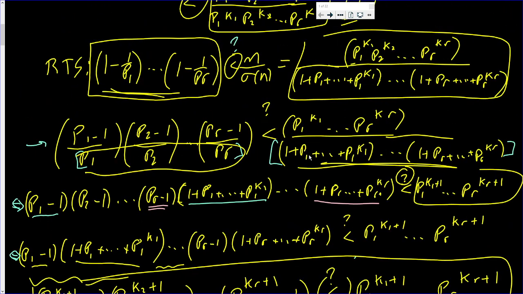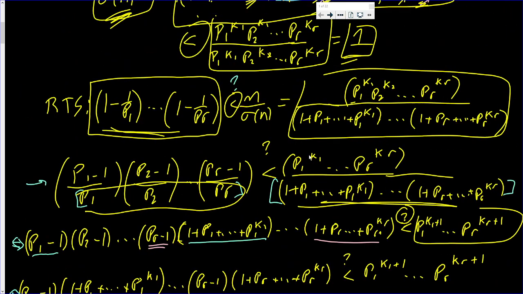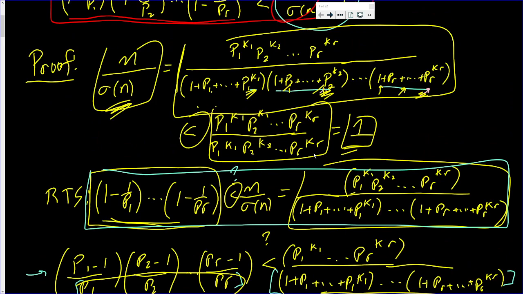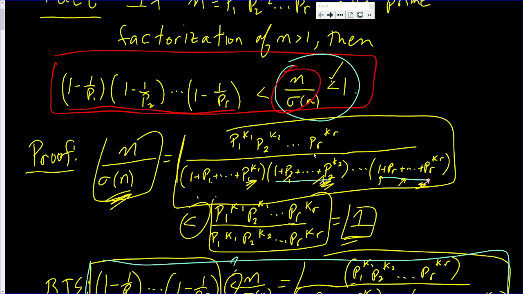So we come way up here and we're like, yeah, this is true. So what did I show just now? Remember earlier I verified the less than 1. Now I verified that this mess is less than n over sigma of n. We verified that.